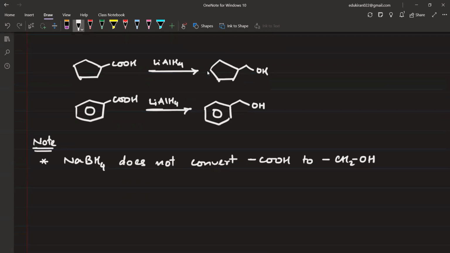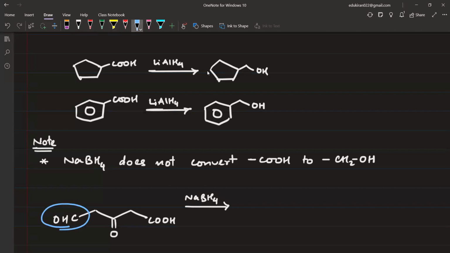For example, if you have something like this, I have a double bond O here, and let us suppose CHO here. And here I have carboxylic acid. Okay, and I am using NaBH4. So NaBH4 will be able to reduce the aldehyde.